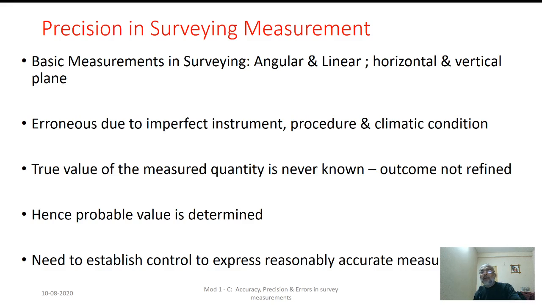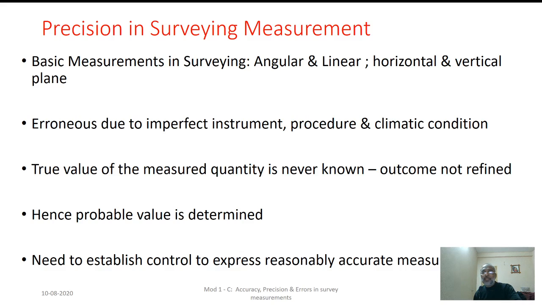If you go for a further fraction of that millimeter, you will be able to express it maybe as 21 centimeters 3 millimeters plus some fraction of a millimeter. So the way you go on adopting more refined measures, you will be getting nearer to the true value of the quantity you wish to measure.